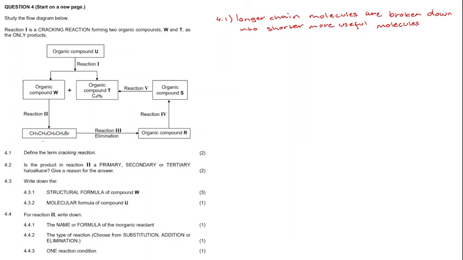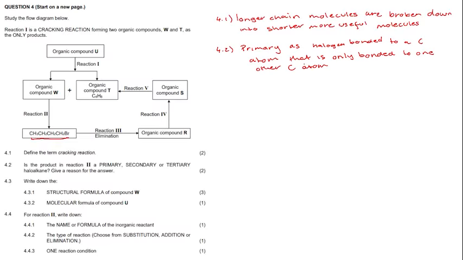So here we have reaction 2 and it forms bromobutane. The bromine is joined to the first carbon atom. Therefore, this carbon atom is only joined to one other carbon atom, making this a primary haloalkane. Question 4.3. Write down the structural formula of compound W. So compound W is the other compound with T that is broken down during the cracking reaction.